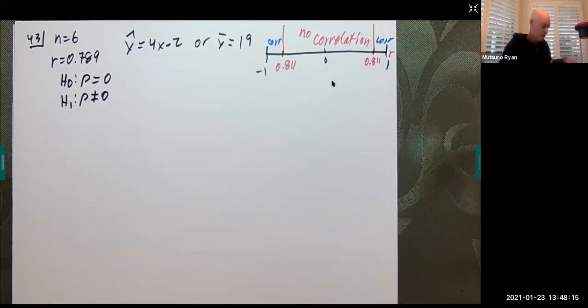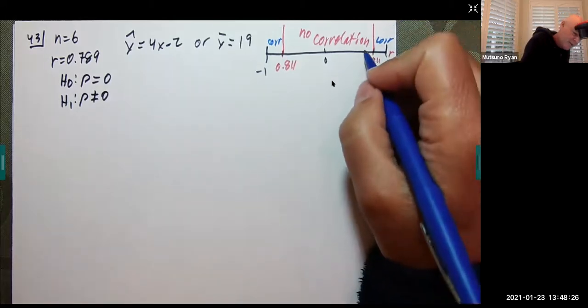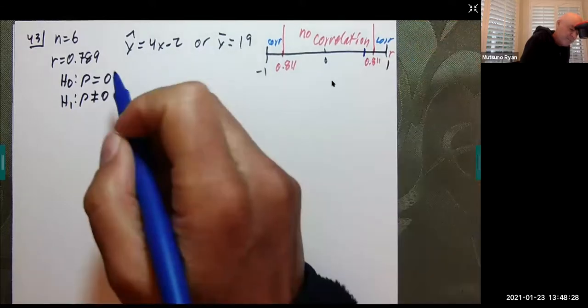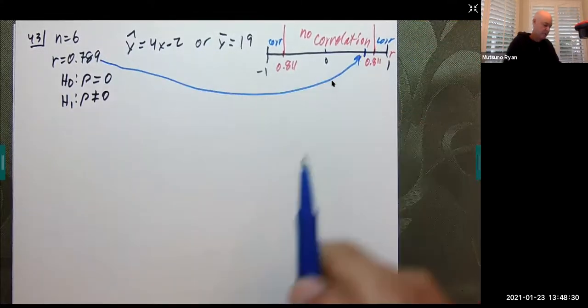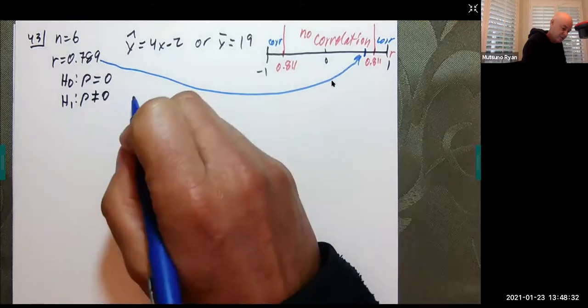And our R that's given is 0.789. That falls short. So in this case, there's no linear correlation.